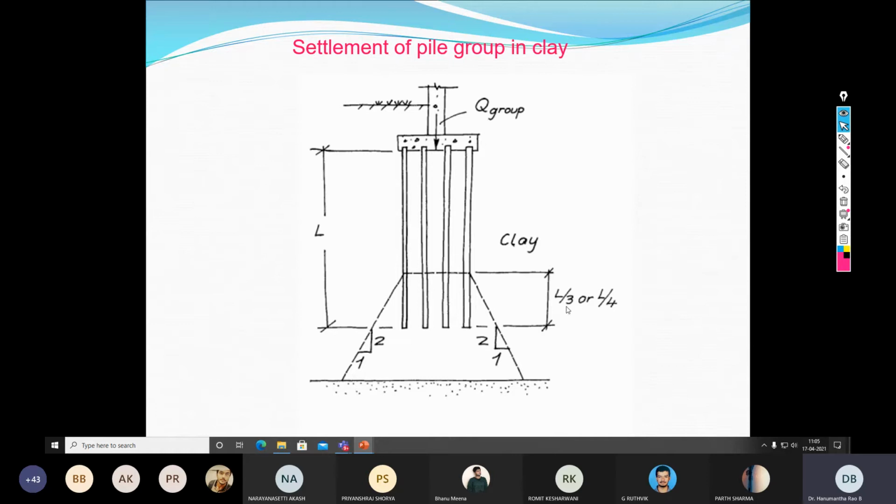For the remaining depth, since 2/3 is already gone, 1/3 of L remains, so the incremental stress starts developing from a depth of L by 3 above the pile tip.